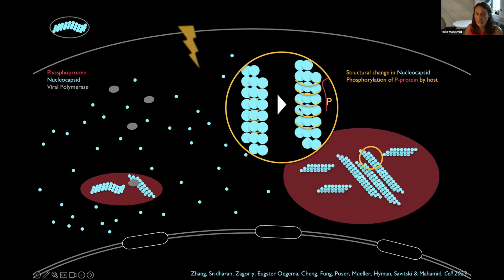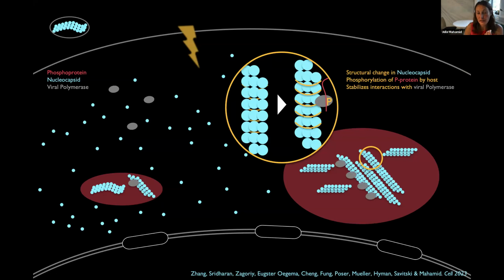Our proteomics analysis identified a highly disordered protein of the virus called the phosphoprotein that is the major condensing, or phase separating, component of the viral genome that becomes phosphorylated. And it not only serves to form this compartment, but also, as a chaperone, to bring the viral replication machinery, the viral polymerase, to the vicinity of the viral RNA.